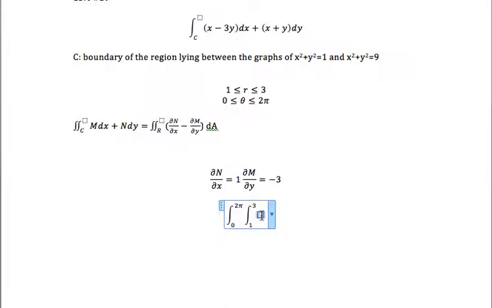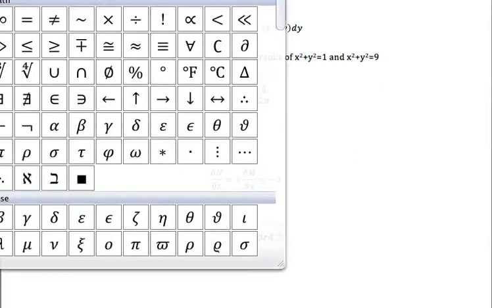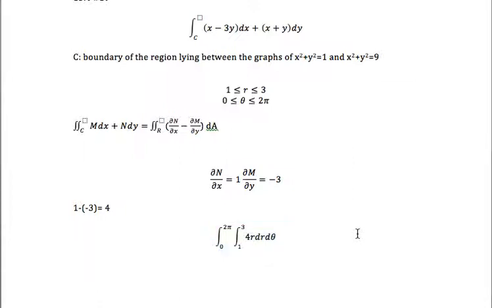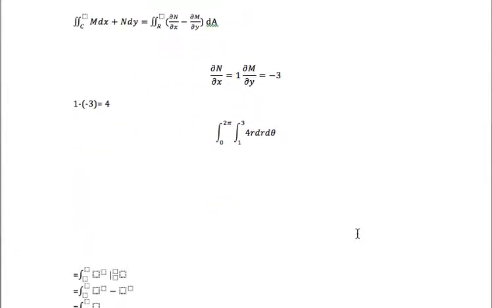And we're going to do dn over dx minus dm over dy. So that's going to be 1 minus negative 3, which equals 4. So we're going to put 4 in here of r dr d theta. So this is what we are going to be evaluating.